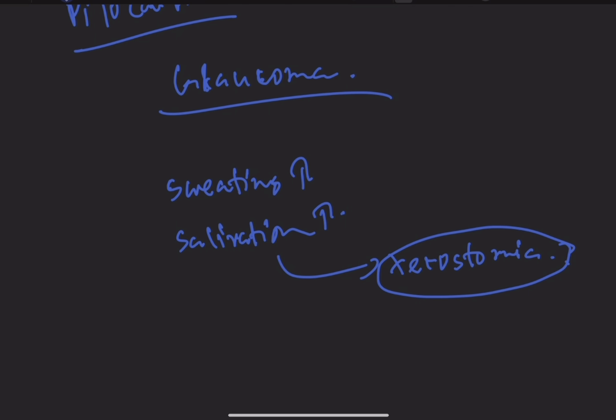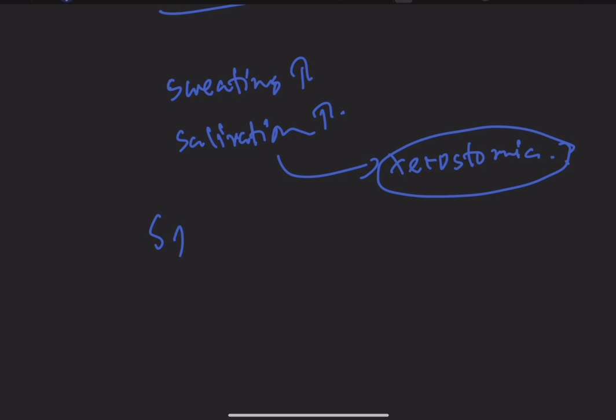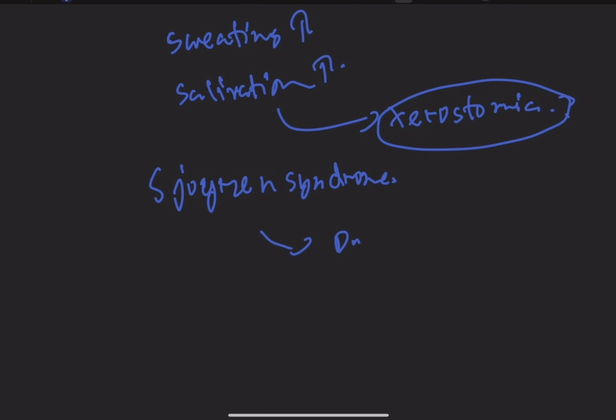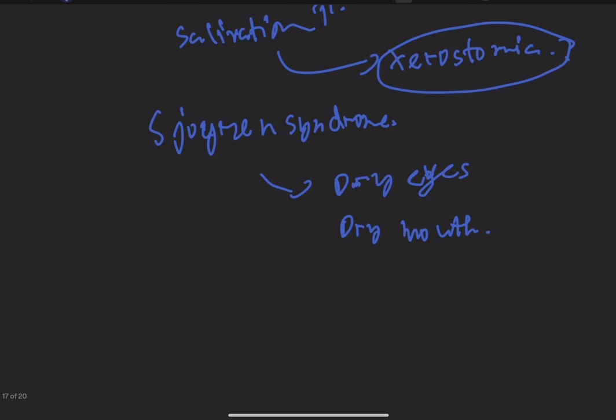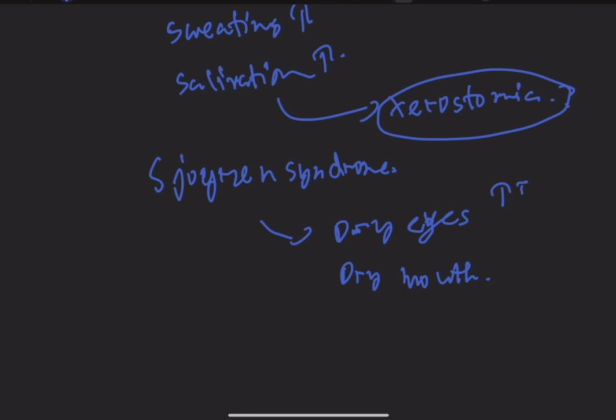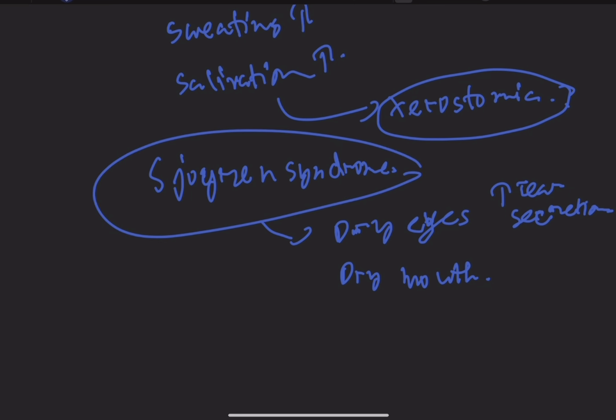We have a condition called Sjogren syndrome, which is characterized by dry eyes and dry mouth. Because pilocarpine can increase the tear secretion, and also the salivary secretion, we use it in Sjogren syndrome.